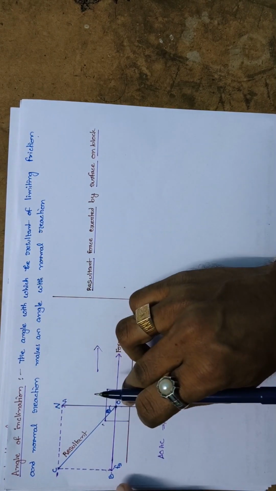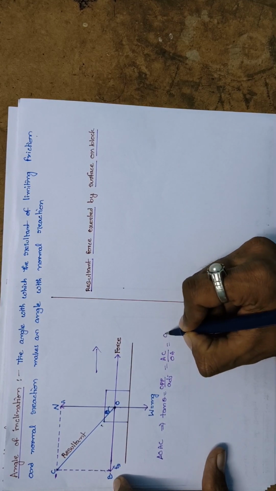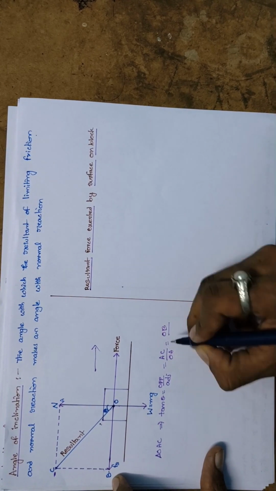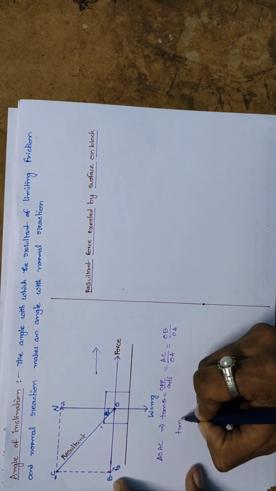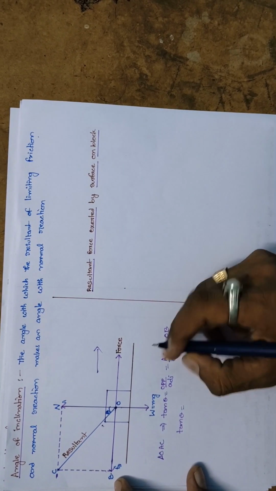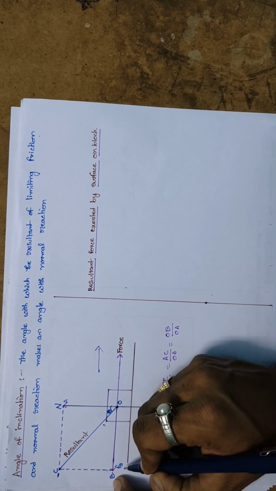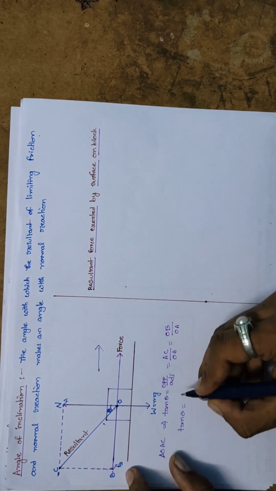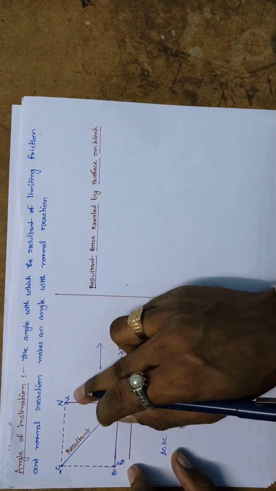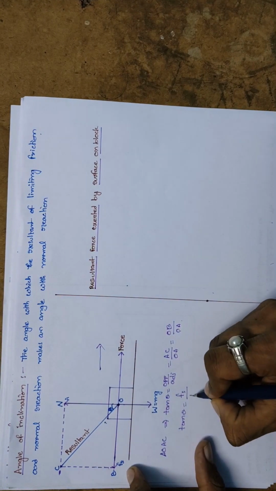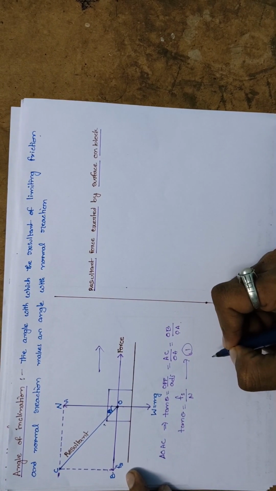AC value must be equal to OB, so instead of AC I take OB by OA. So tan theta is equal to OB by OA. OB is nothing but friction, Fs, and OA is nothing but normal reaction. So tan theta is equal to Fs by N.